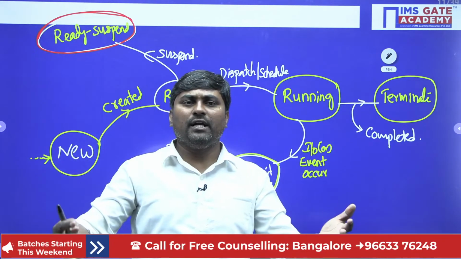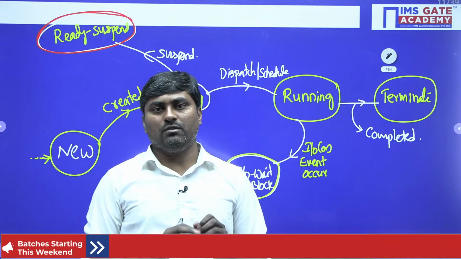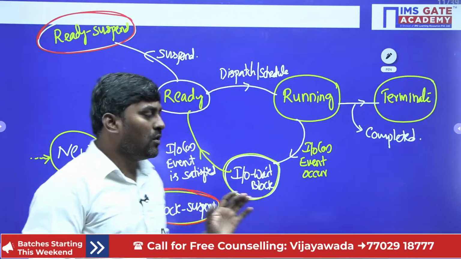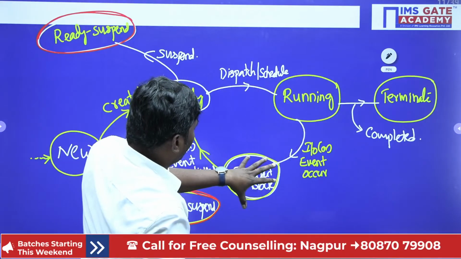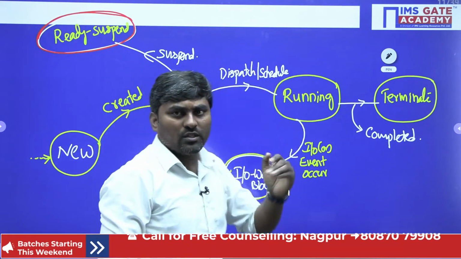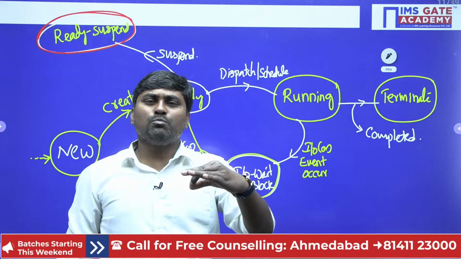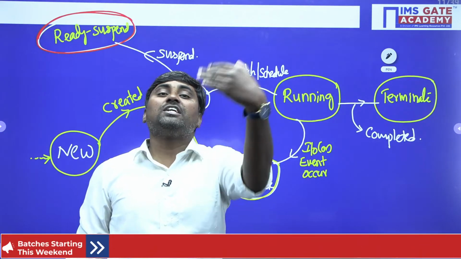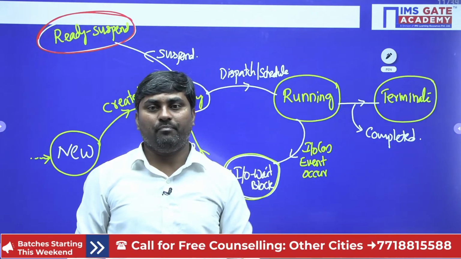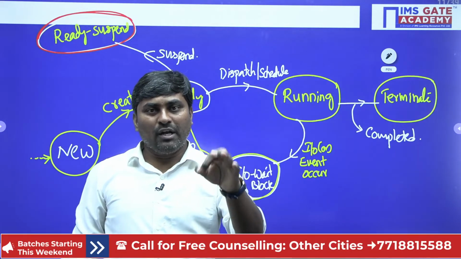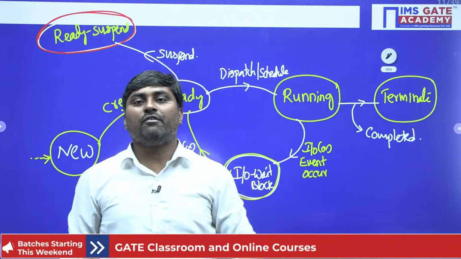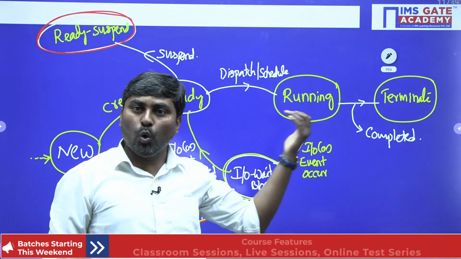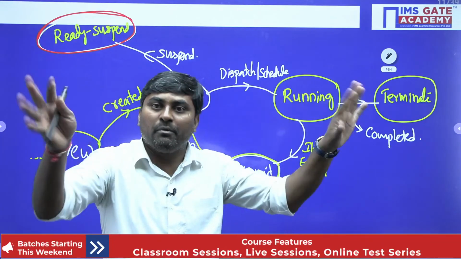Example: suppose the operating system loaded 100 processes. Carefully observe the situation. They started executing. Some are in waiting state, some are in ready state, one is executing. At this moment, the operating system wants to take an additional process that is high priority. For that, memory is not available, because 100 processes are loaded and main memory is full.